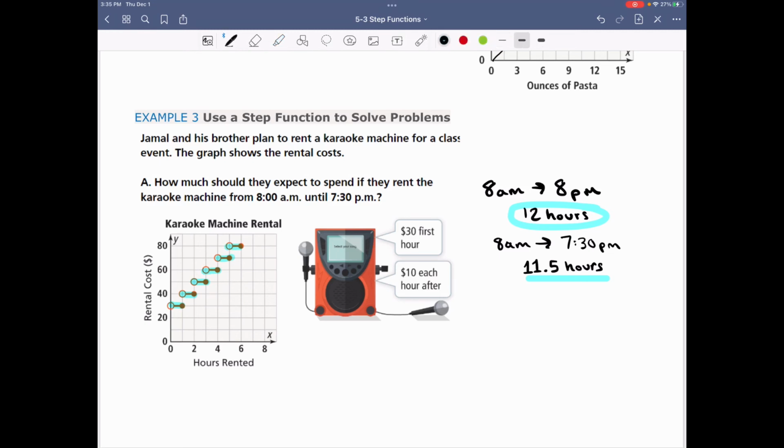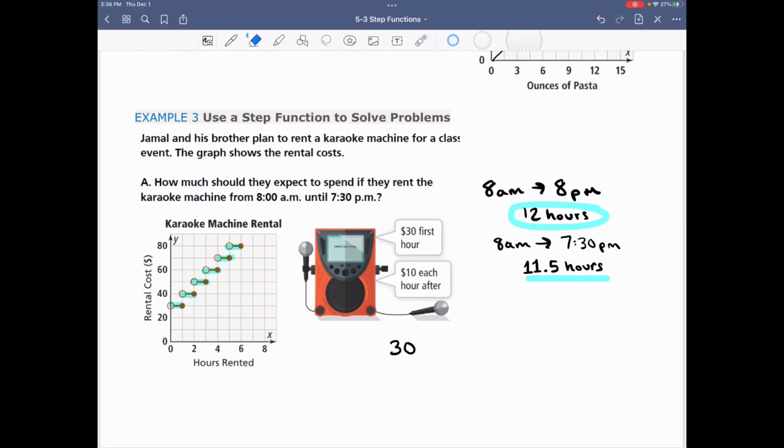So the little diagram picture says it's $30 for the first hour. So we have 30, and then we have $10 per hour after. So the first hour is $30. After that, it's $10 per hour after.